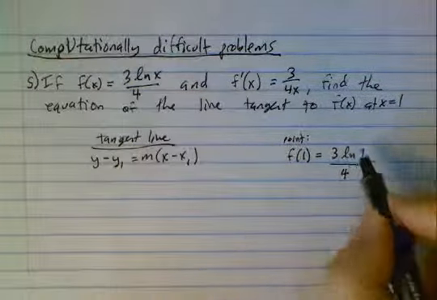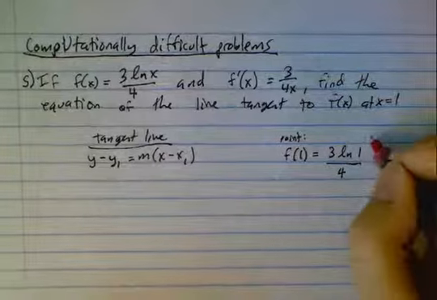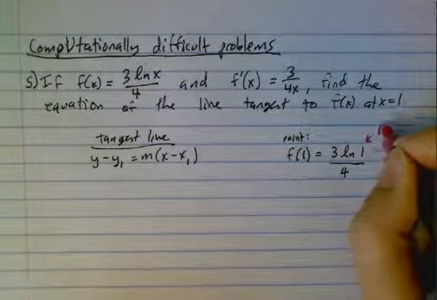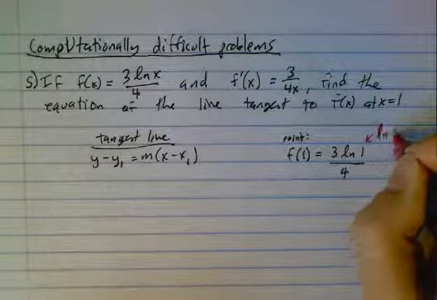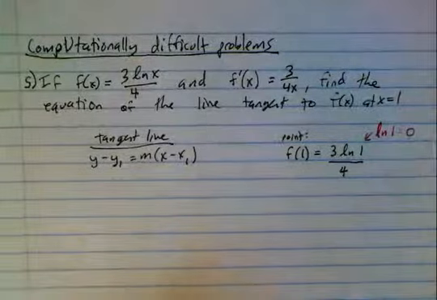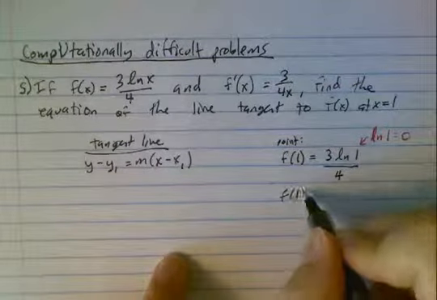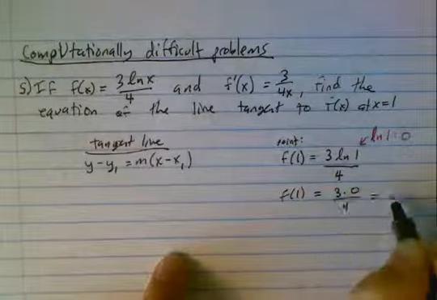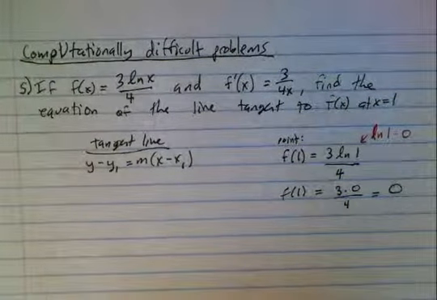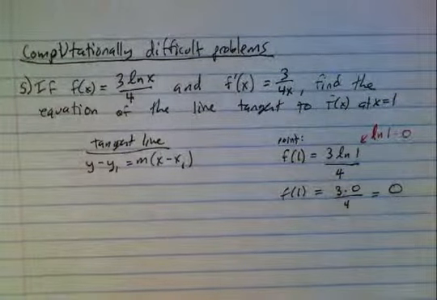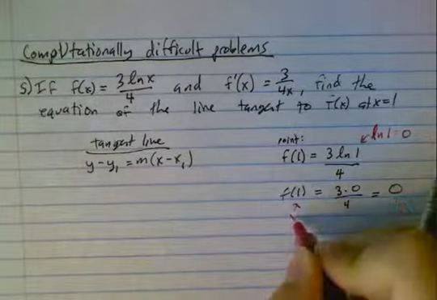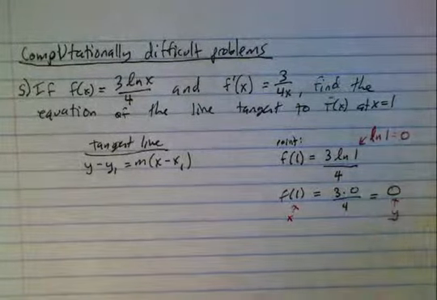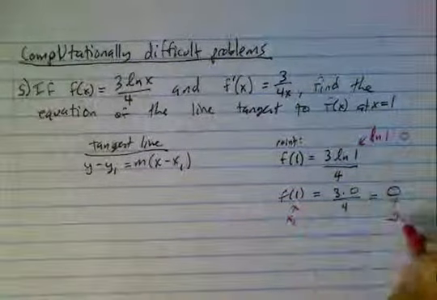The key thing here is to note natural log of 1 equals 0. That's just got to be memorized. So that's 3 times 0 over 4, or 0. So that means we have a point: x is 1, y is 0. Actually, I guess this is x1, this is y1.